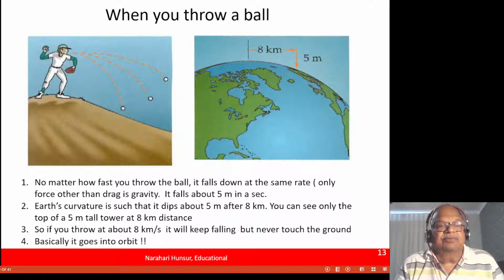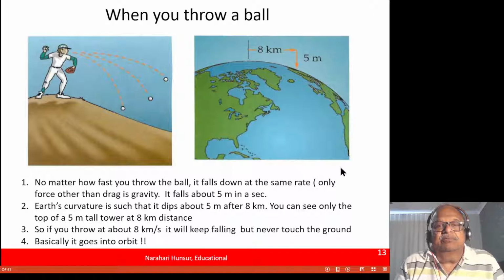Initially, if you throw it horizontally, u is 0. So in about time t, about 5 meters, it will fall. So if you throw horizontally faster, it will go further, but it will still fall down 5 meters in a second.